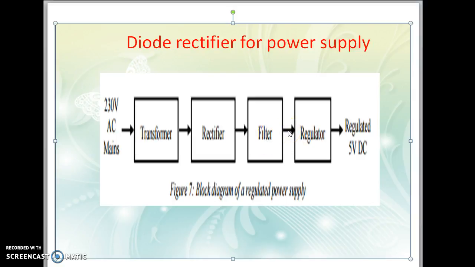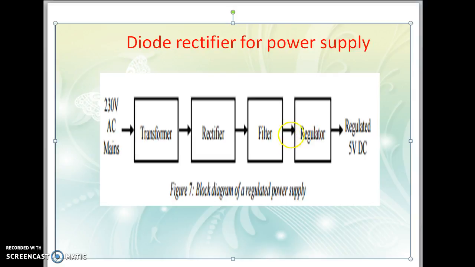However, still after the output of the filter, we are getting smooth DC, but the main problem is that whenever there is fluctuation or any variation in the input voltage, our output will also vary.